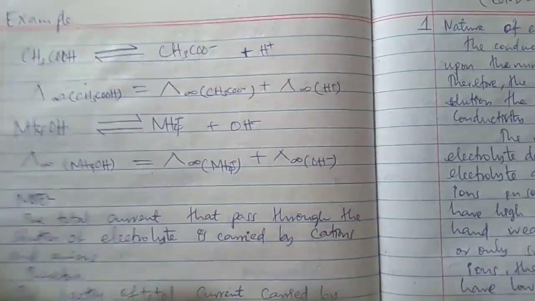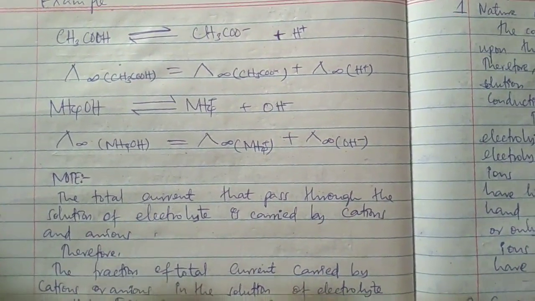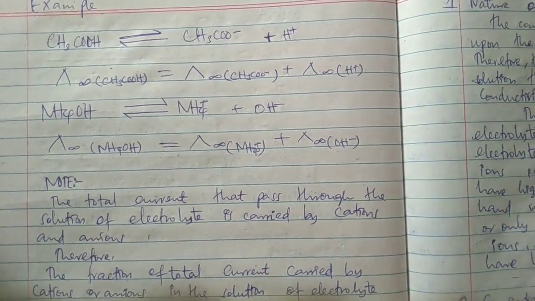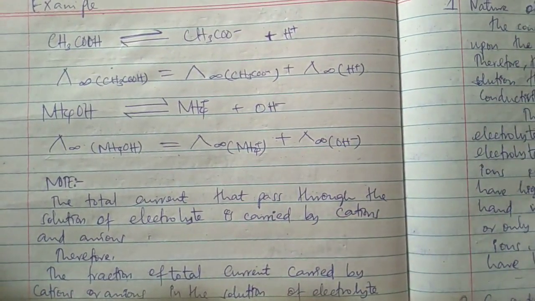Now let us see, for any electrolyte, we can take an example. For example, here we have taken weak acetic acid.